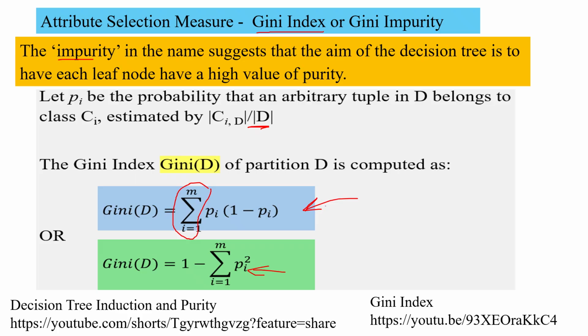And actually this is the impurity. When we say Gini index or Gini impurity, it means we want each leaf node to have high purity, so Gini impurity should be less. So the value aimed at as the attribute selection measure would be smaller values of Gini.